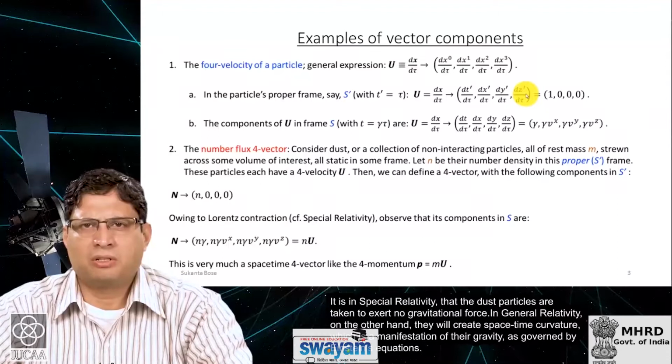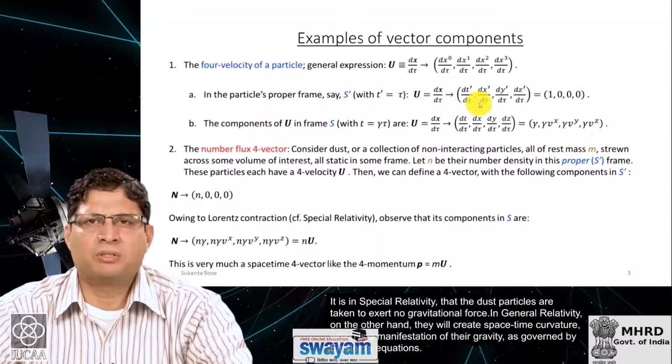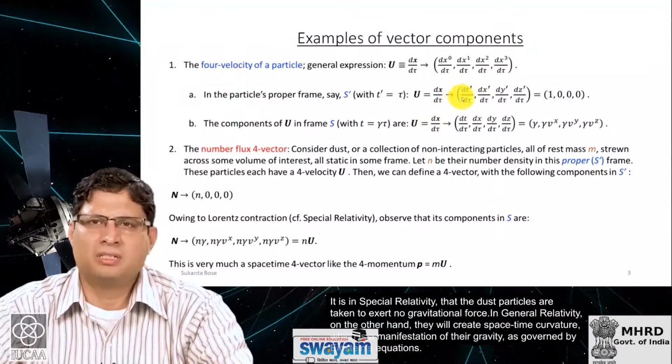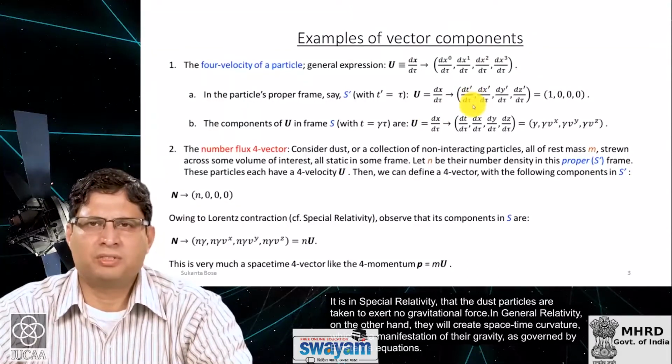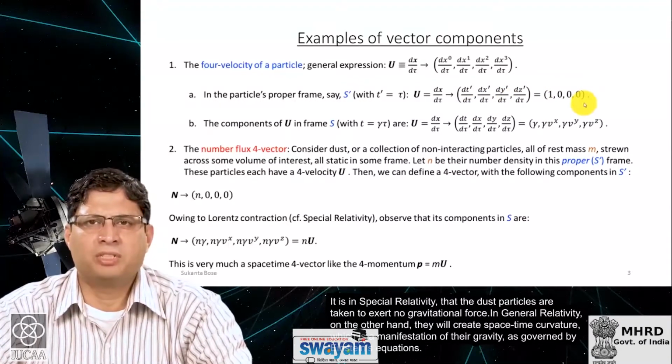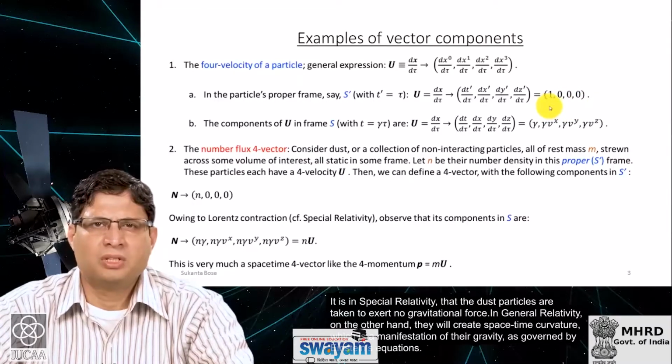It's just that its clock keeps ticking away. So, t prime keeps advancing, but t prime is the same as tau. So, the derivative of t prime with respect to the proper time is simply unity. The other derivatives are zeros. So, these are then the components of its 4 velocity vector in its very favorite frame, in its proper frame. So, 1, 0, 0, 0.